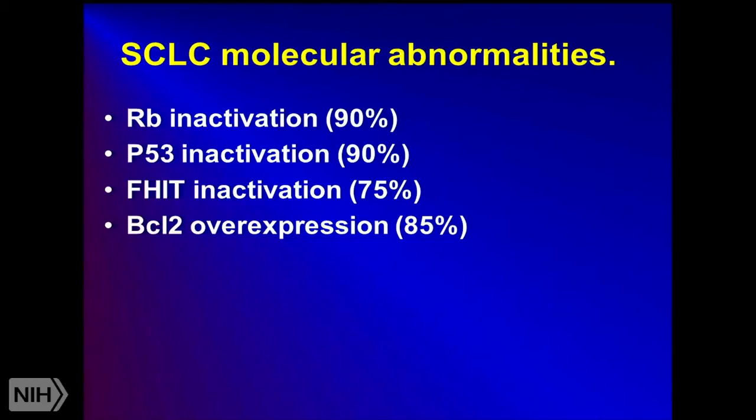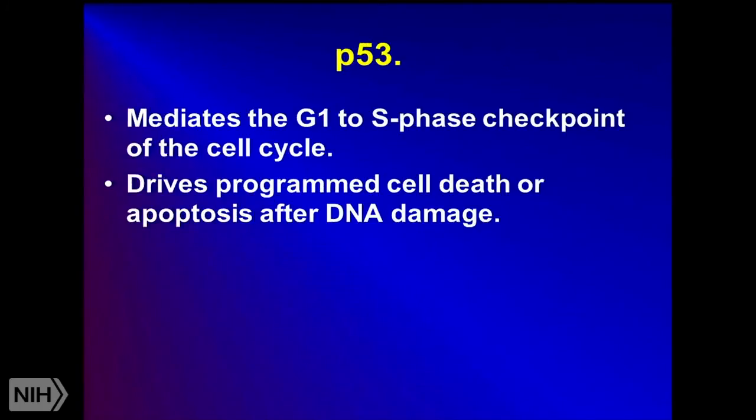And then BCL2, which causes survival of cancer cells, is overexpressed in about 85% of the small cell lung cancer patients. So again, in lung cancer, we mentioned there's no one thing that causes it, but since it takes decades for lung cancer to form, several things lead to the lung cancer proliferation.